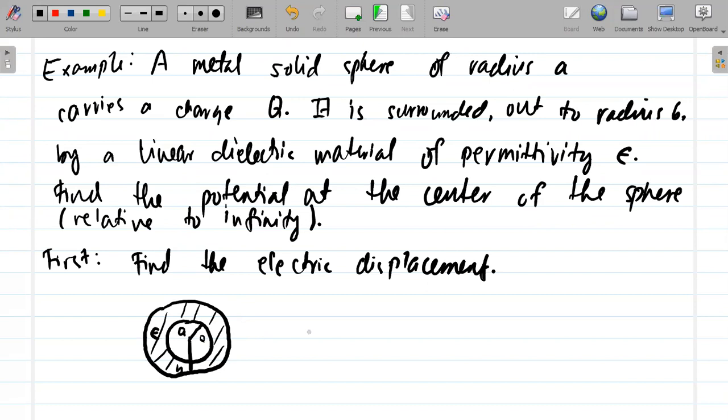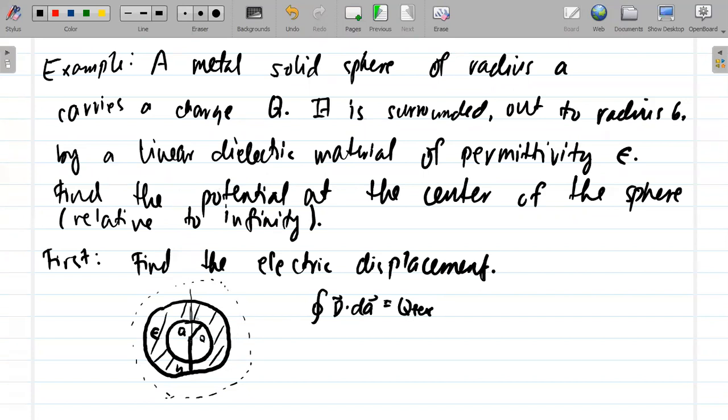Now, to find the electric displacement, recall natin that D dot dA is equal to the free charge enclosed. Now, kuha tayo class ng Gaussian surface outside, given by some radius r.